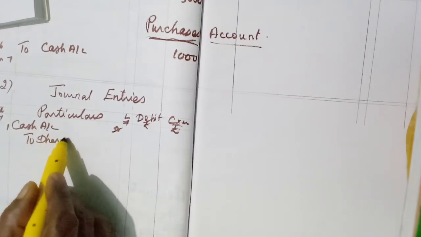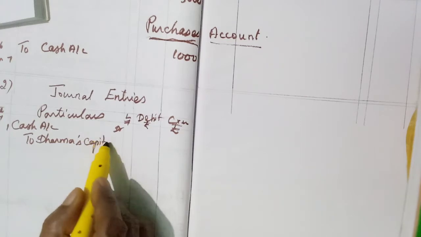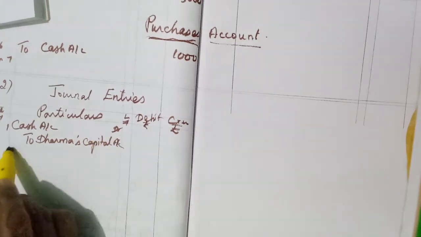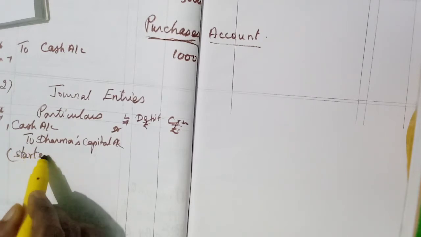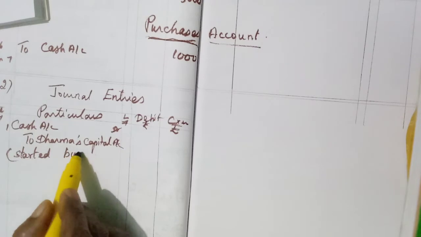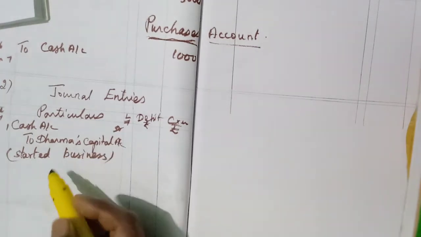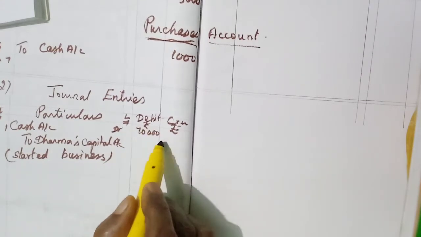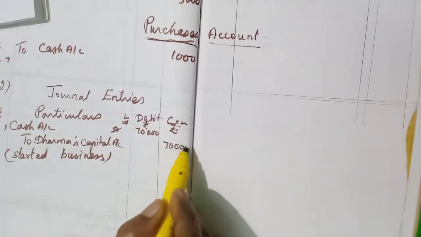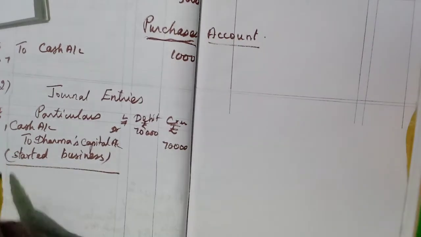Here name is given. So, Dharma's capital account. Dharma started business. Simply started business. 70,000.